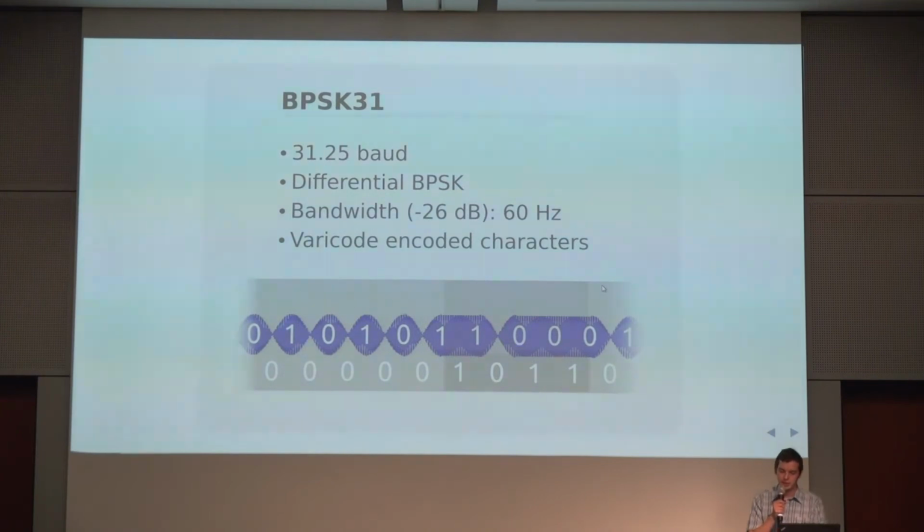And another thing is that the characters are encoded in varicode. Varicode is a variable length code that maps those letters that are more common in English to shorter bit sequences. And yeah, you can see the BPSK31 waveform at the bottom of the slide.